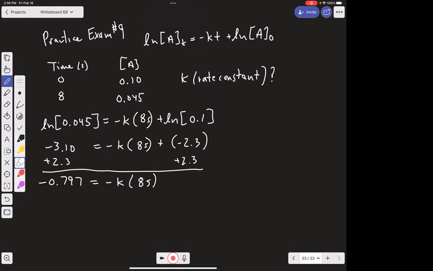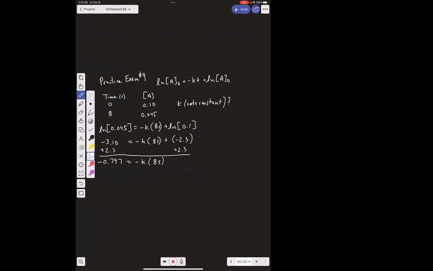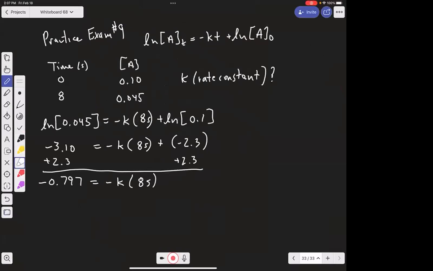So at this point, I would do 2 things at once. I've got a negative 1 right here in front of k, so I would divide by negative 8 seconds because my rate constant needs to be a positive number. So divide this by negative 8, divide that by negative 8, and I can get my rate constant. Sorry, I'll try to hold this same direction.